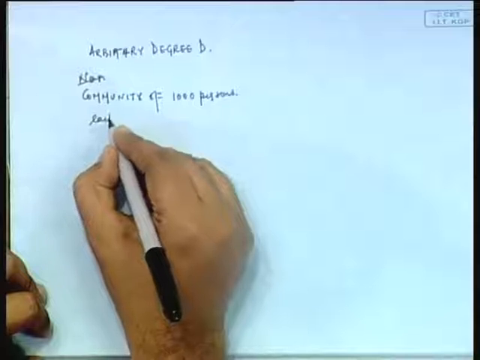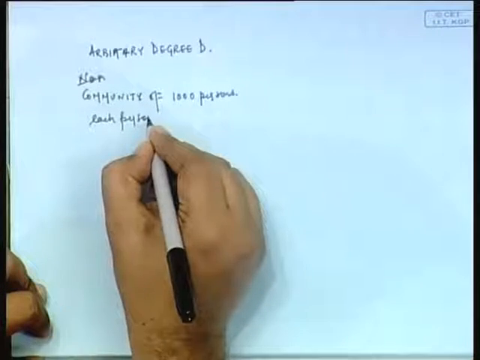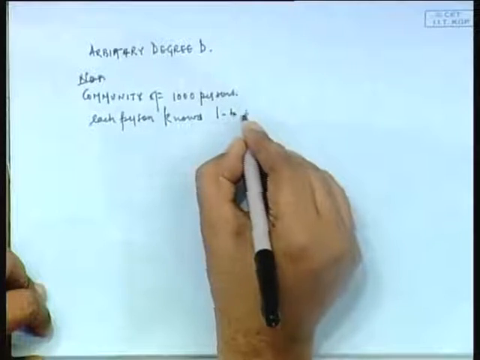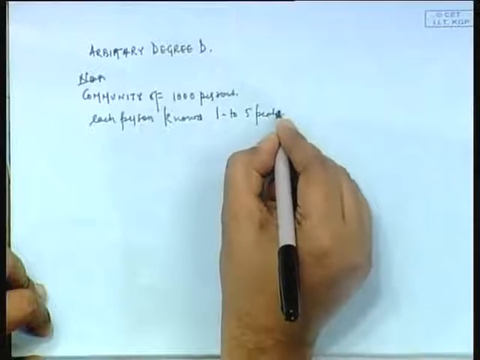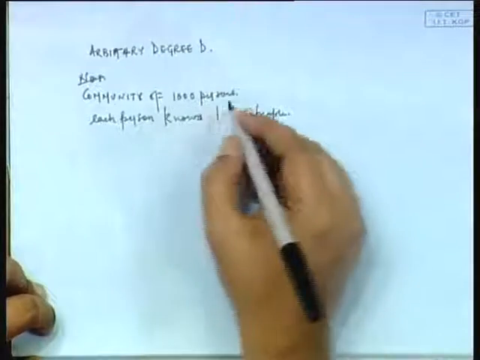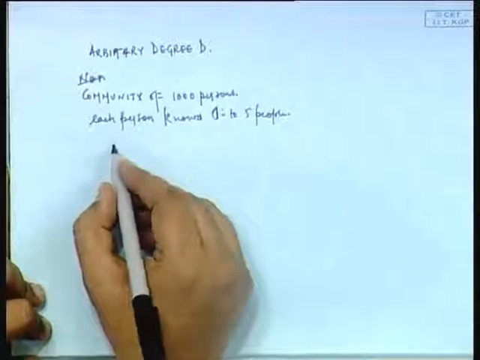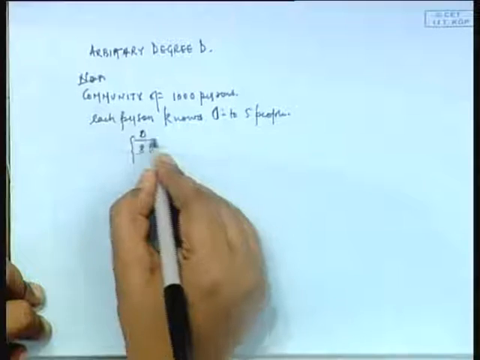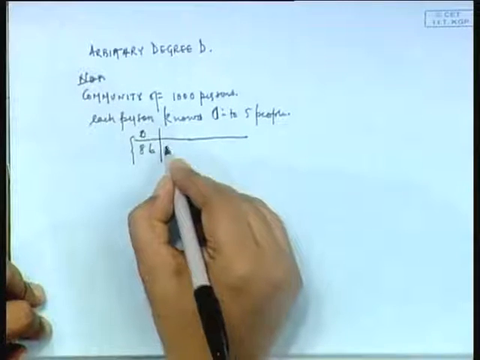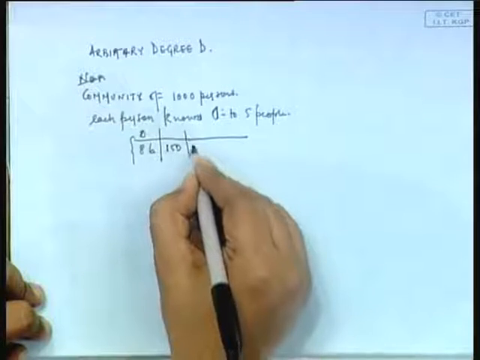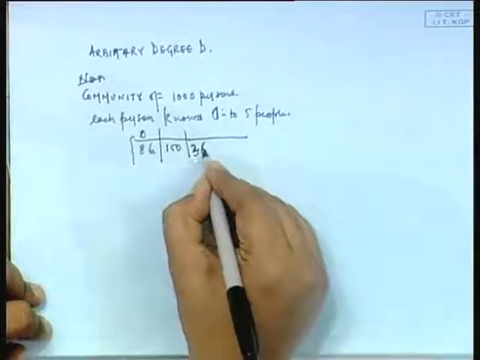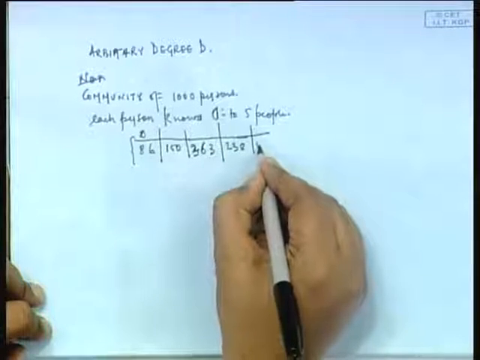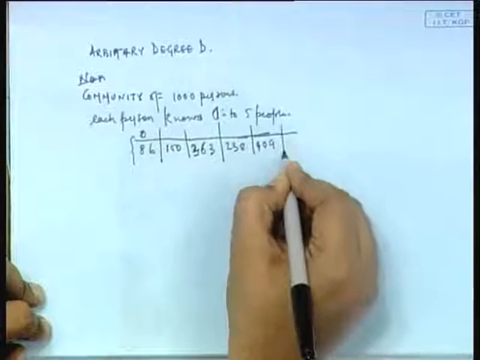So, each person knows 0 to 5 people, and the number of persons who know 0 to 5 people is 86, 150, 260, 363, 238, 109 and 54.